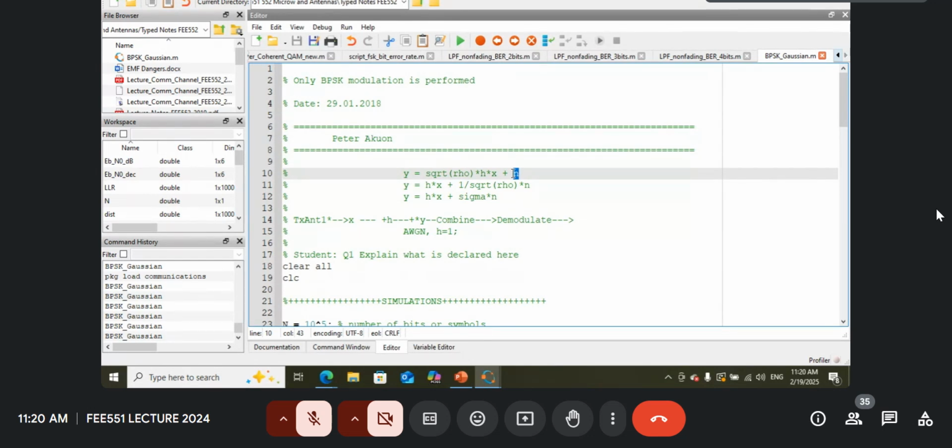So you may transmit an x that is a -1, but when you add n, let's say n is 2, then you will actually see y as a +1.